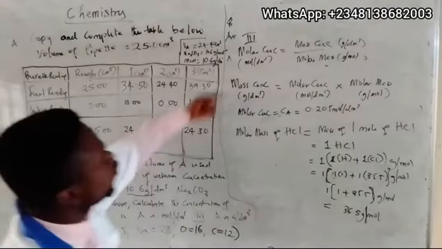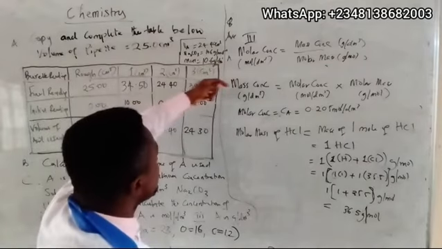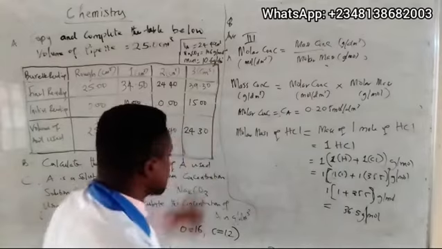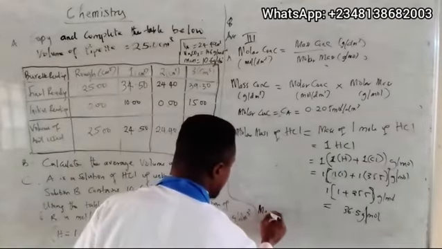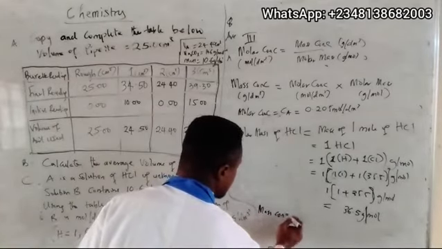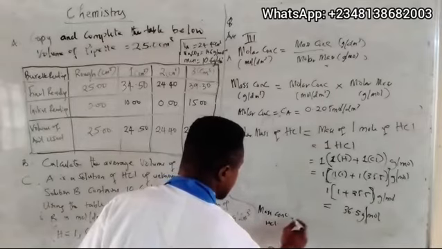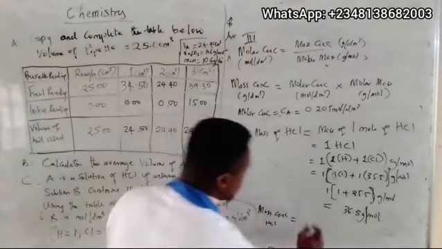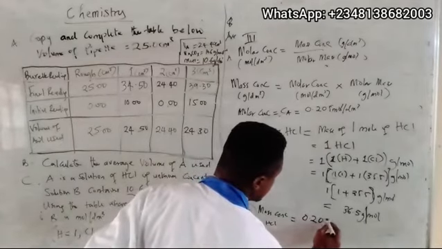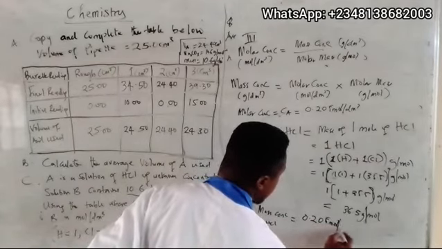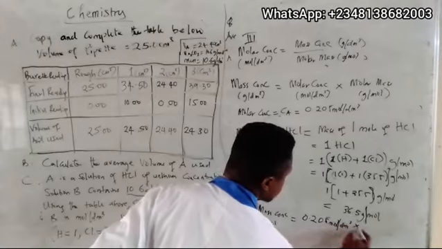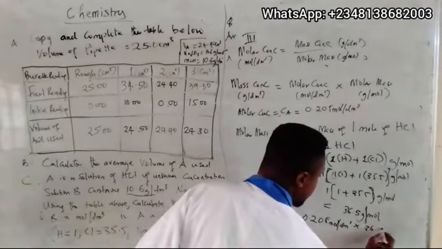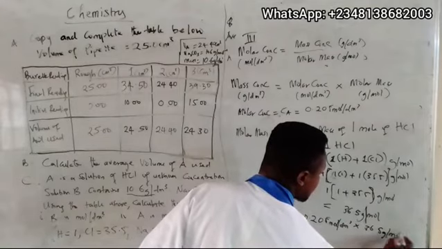Now let's go back to the formula. We say that mass concentration is molar concentration times molar mass. Therefore, the mass concentration of HCl is equal to the molar concentration of HCl we got here, 0.205 mole per dm cube, times 36.5 gram per mole, which is the molar mass of HCl.